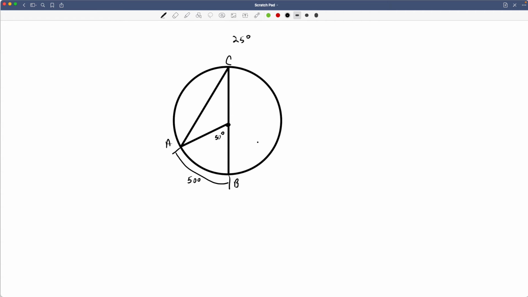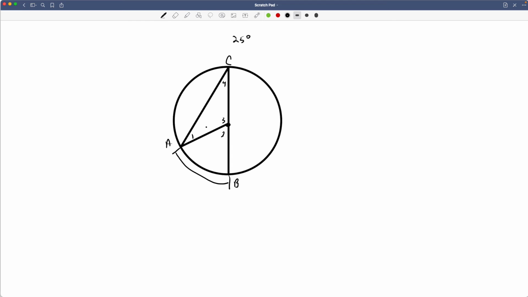So the first step was to draw the radius AO, and then we drew our second line here from A to the center of the circle. And what that did was that created, let me erase this for us, an angle 1 here, angle 2, angle 3, and angle 4. All right.